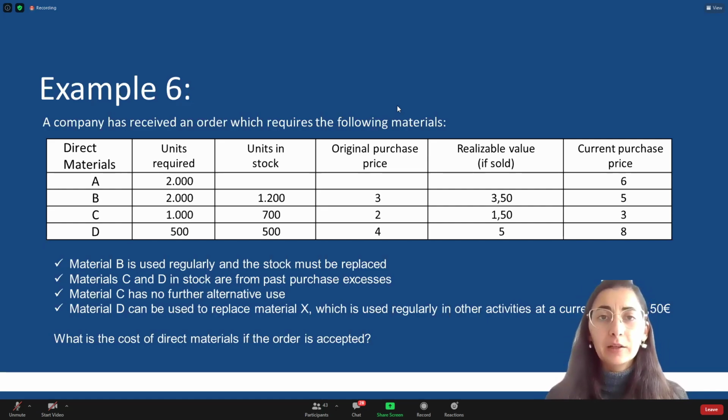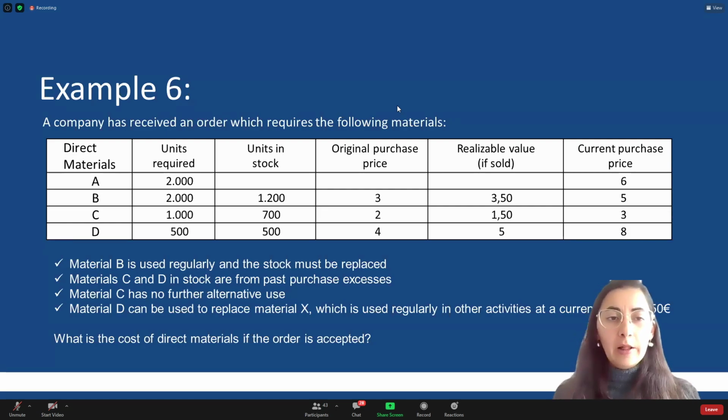So now we are looking at materials. If you want to produce this for the client that came to us, we'll say how much materials we will be spending, how much materials we will be consuming. But we have not used the materials yet. So we are still in the decision of accepting or not the order, of choosing to do or not the order.